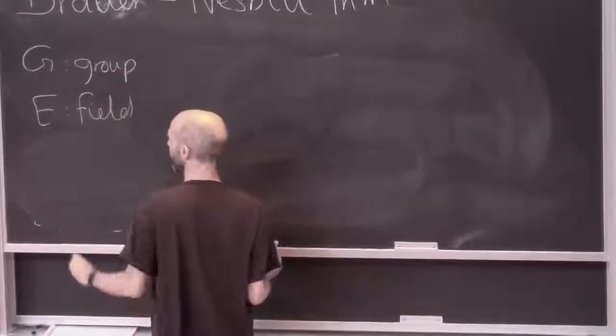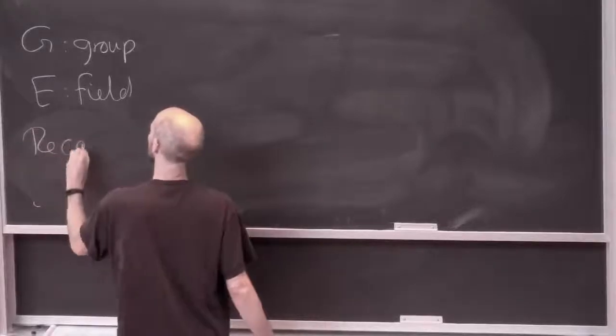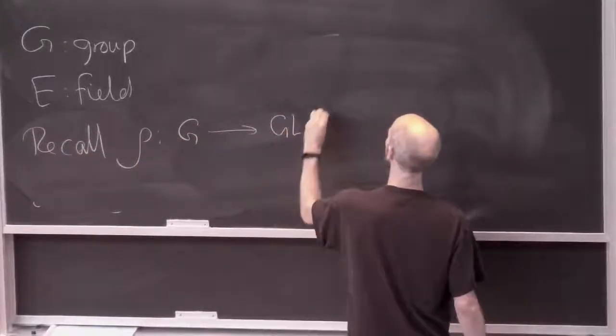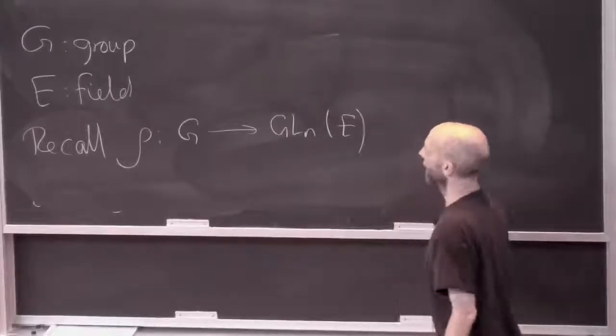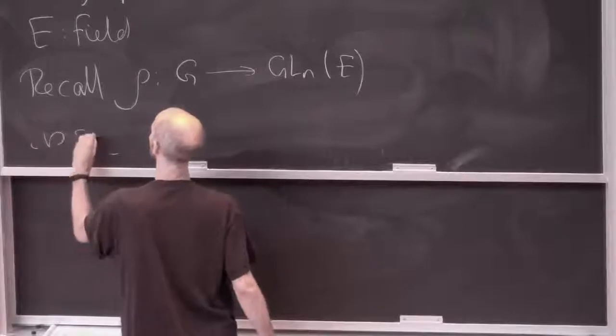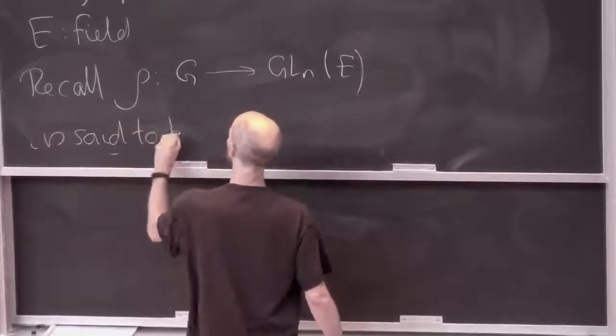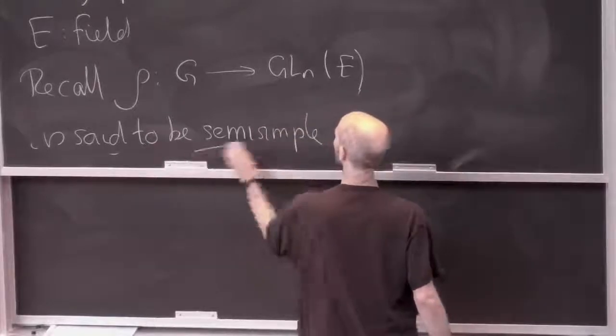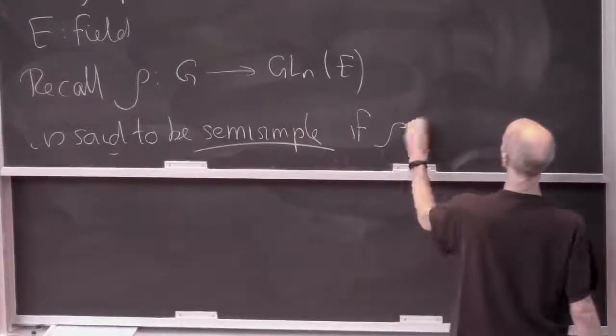Recall that a representation rho from G to GLN of E is said to be semi-simple if rho is a direct sum of irreducibles.